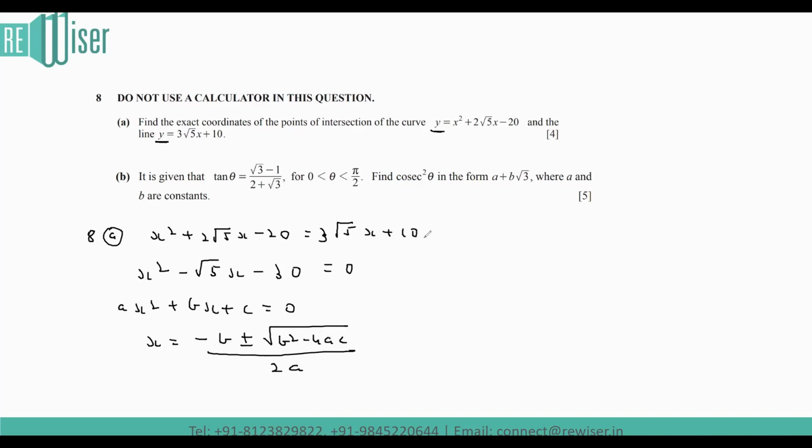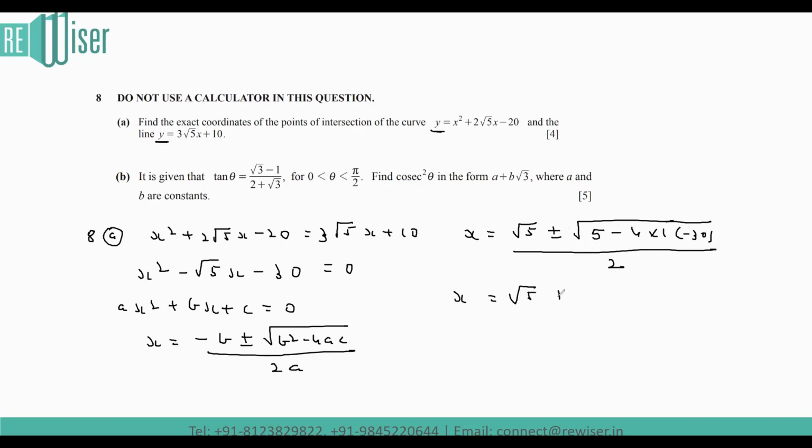So the value of x is root 5 plus or minus root under b squared, that's 5, minus 4 into a into c, which is minus 30, divided by 2a, which is 2.